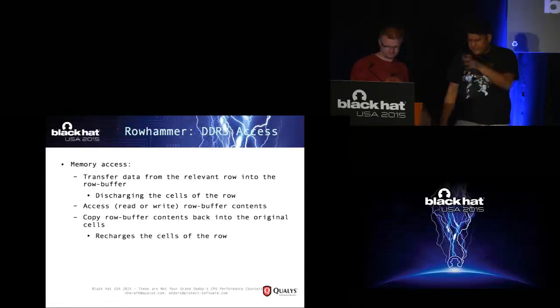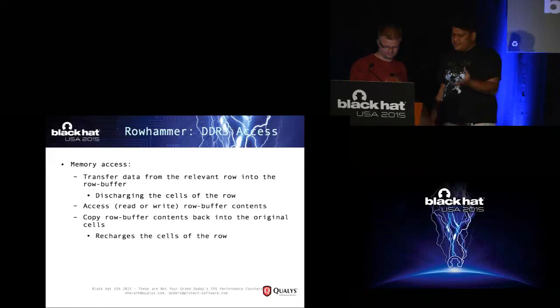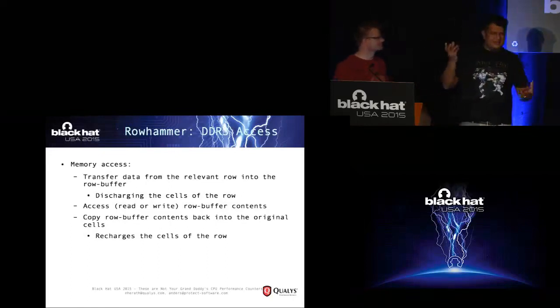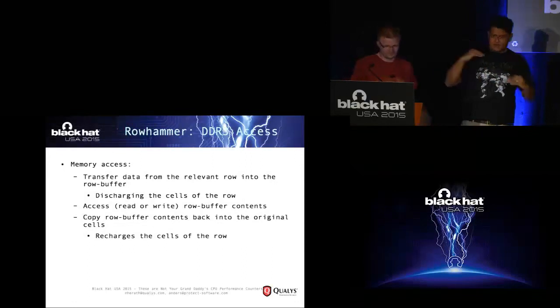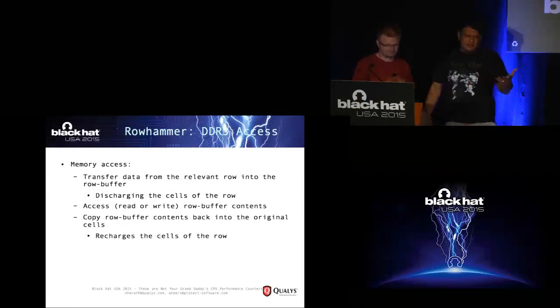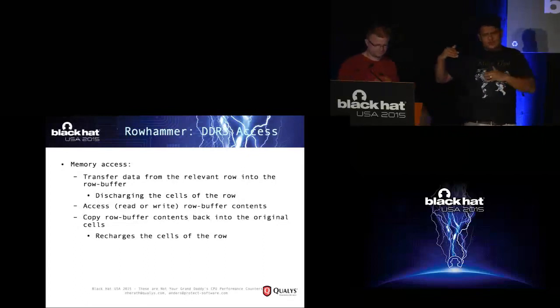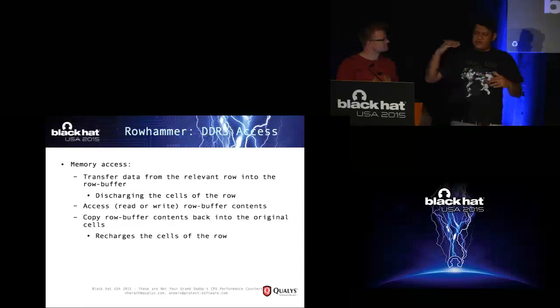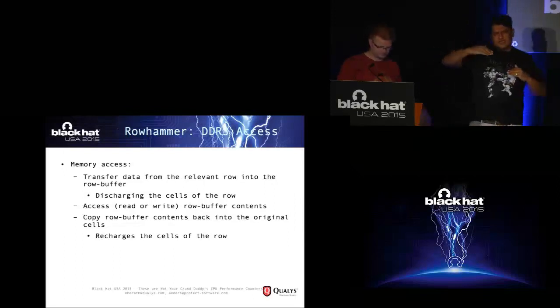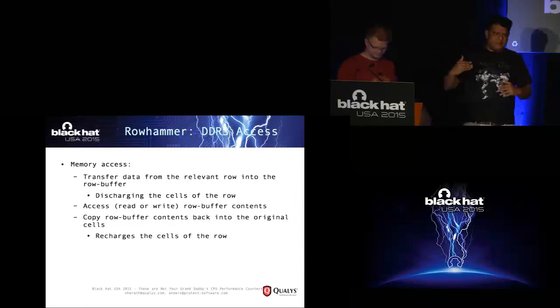So quickly, for memory access in DDR3, you transfer the data in a memory line into a row buffer, and that discharges the row. Then you read or write the row buffer contents, which is accessing the values in the RAM, and when you copy the buffer contents back into the memory, it gets recharged again.